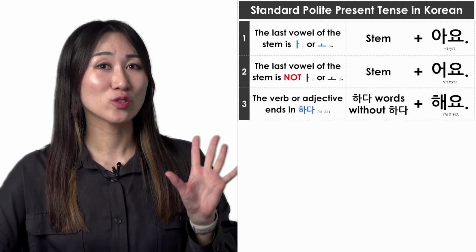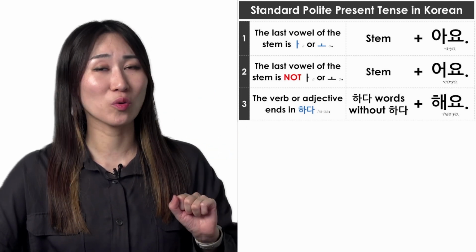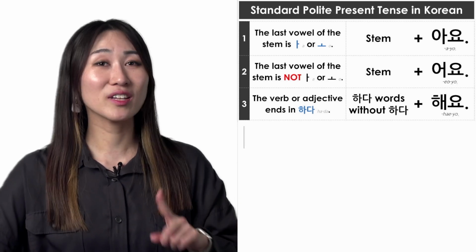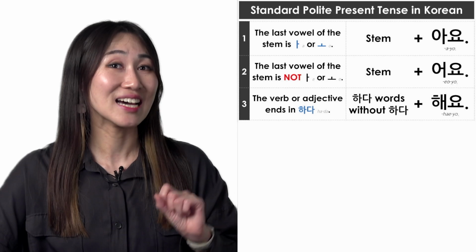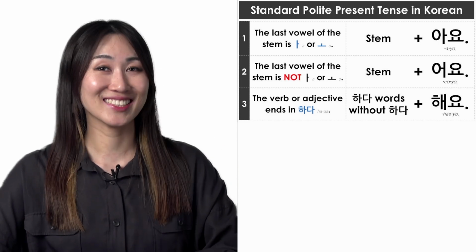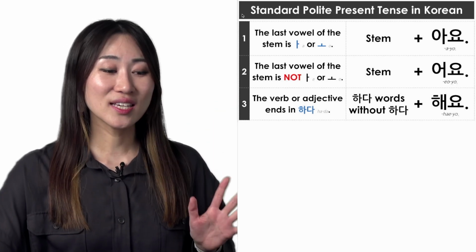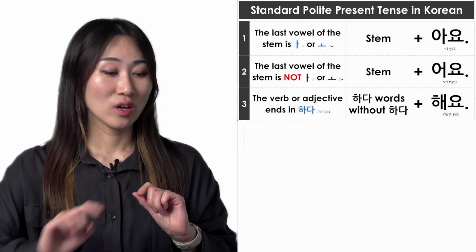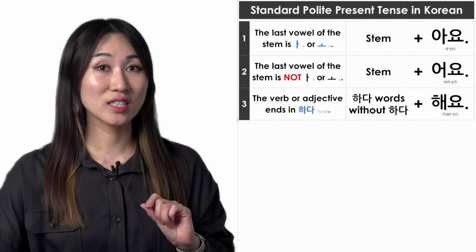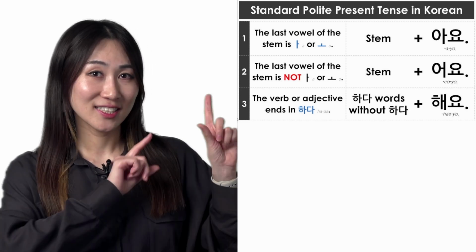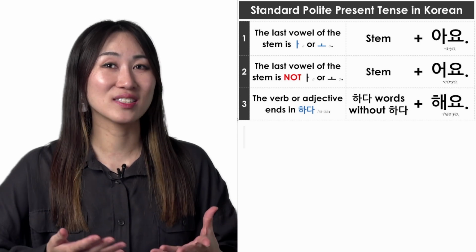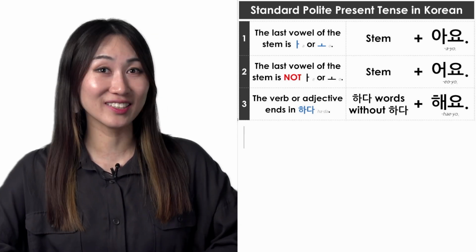Polite present tense, formal present tense, informal present tense. But let's look at the standard polite present tense. This is the most important thing. So if you are not familiar with this, please take a screenshot, study it, and memorize it because this is one of the most important grammar points in Korean.